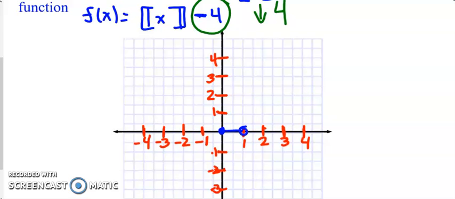So here, all we're doing is the step function, or greatest integer function. And remember, it goes on forever and ever. I just stopped at 4 because I can't go any further on my graph. I want to make these big enough so that everybody can see it.